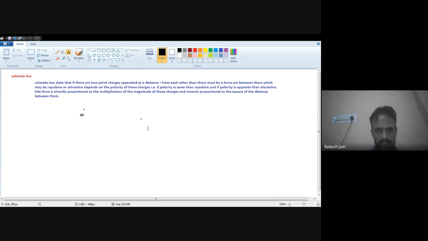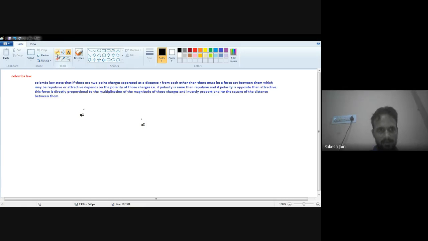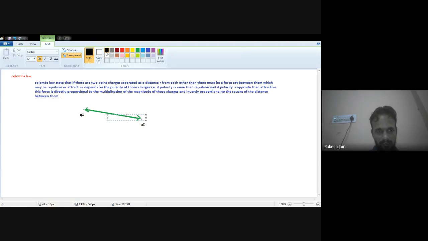Let these be 2 point charges which are separated by a distance r. Let the distance between these two charges be r.